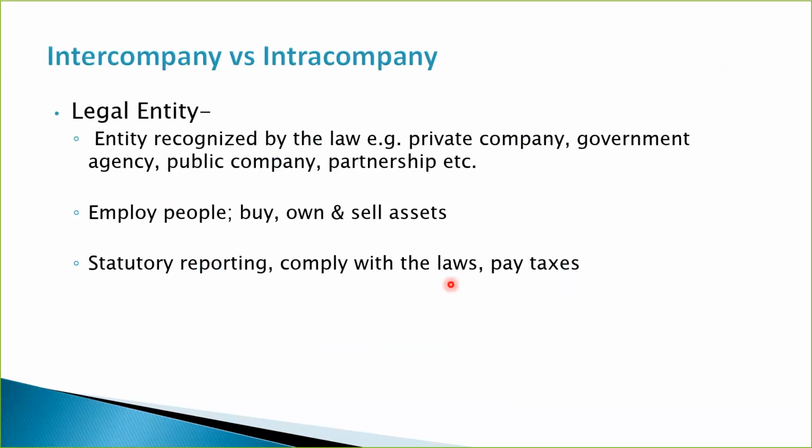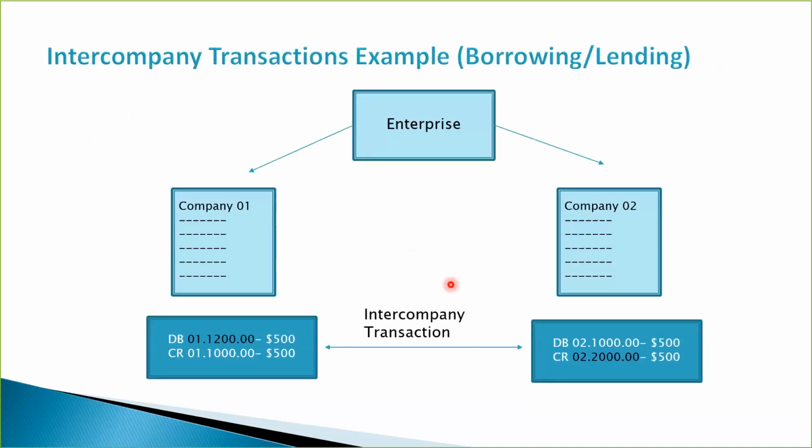But they are under one enterprise called Maskani Enterprise. So assuming this is Maskani developers and this is Maskani property management, a more accurate term would not be company, but rather business line or operation, okay?